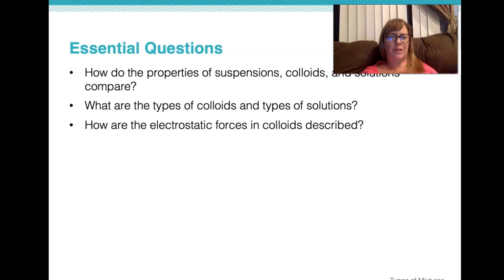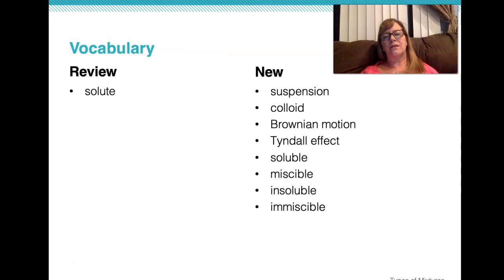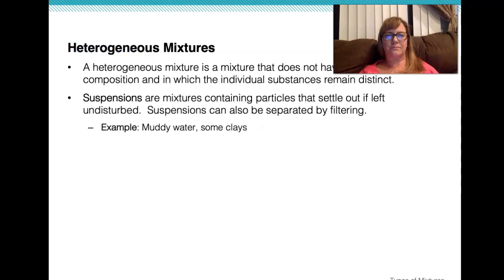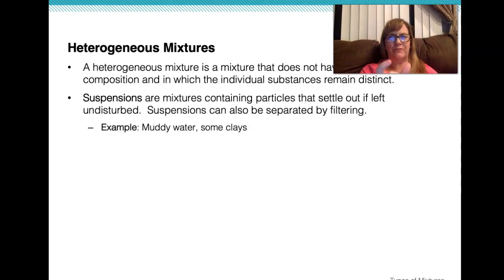All right, so in chapter 14, section 1, we're going to try to define these certain types of mixtures and distinguish which one is which. So the first thing you'll have is a heterogeneous mixture. In a heterogeneous mixture, remember that prefix hetero means different. So in a heterogeneous mixture, you can see the differences, right?